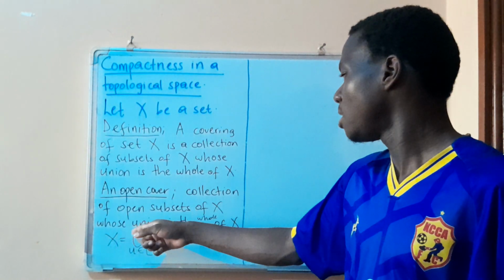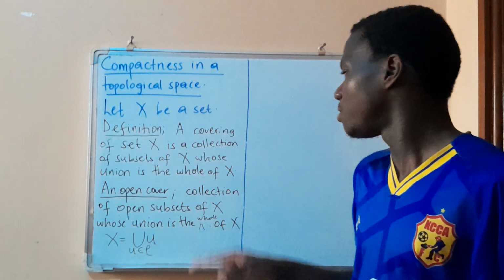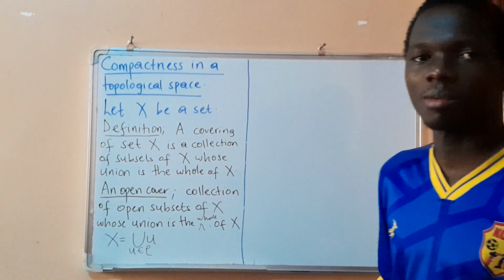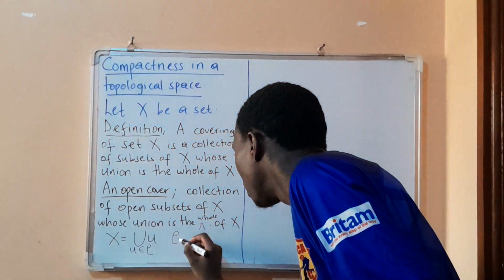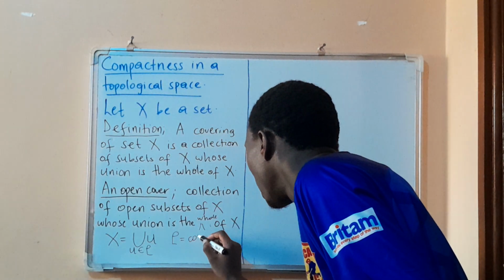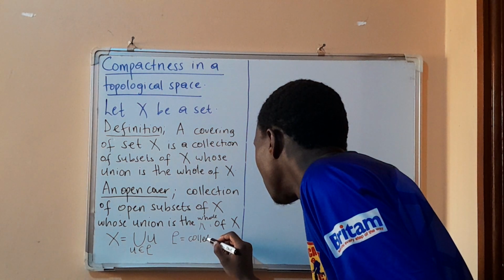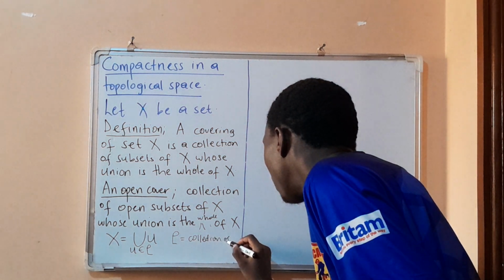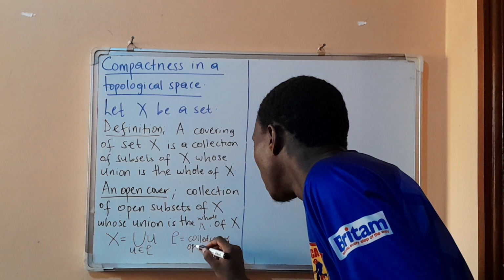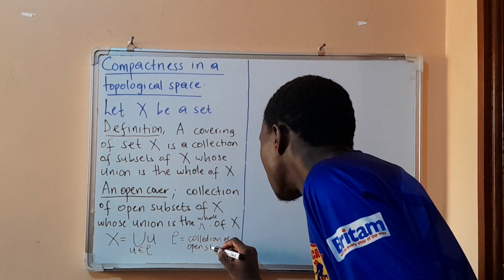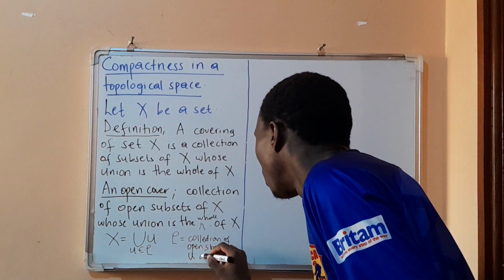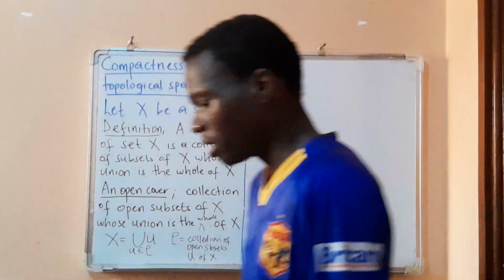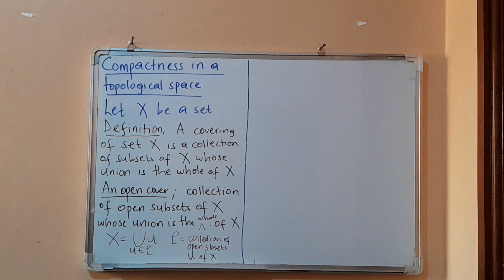So now X is just the union of those sets picked from the collection of subsets of X. This symbol is representing the collection of open subsets U of X. So X is simply the union of those sets.